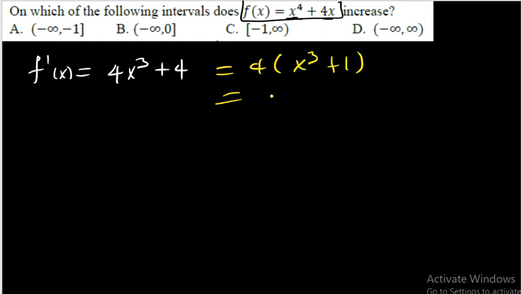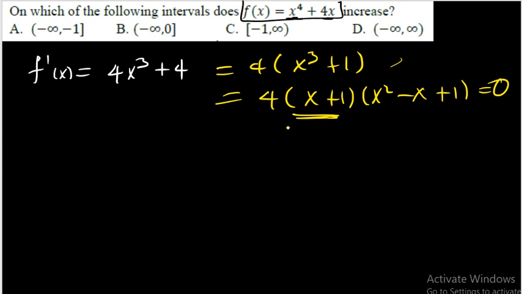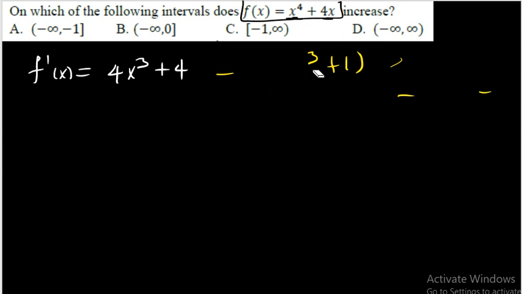So we can factorize this as 4 times x plus 1 and x squared minus x plus 1 is equal to 0. So the only zero point will be x plus 1. But if you don't want to proceed in this way, first derive it, obviously, and then get the zeros.